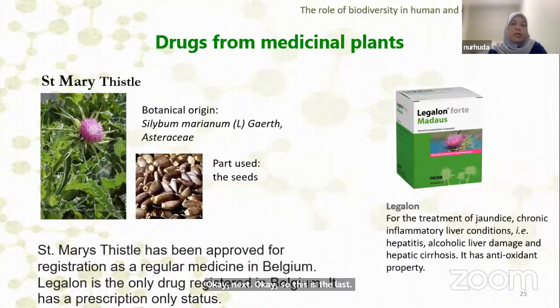This is not actually a single entity drug, and its mechanism of action is not well studied, but this extract of the milk thistle is produced into a drug called Legalon. This is approved in some countries and registered only as a prescription drug.